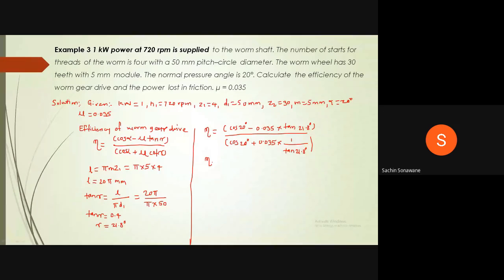Determine the efficiency. What is the efficiency?